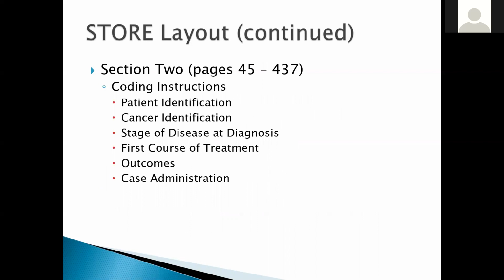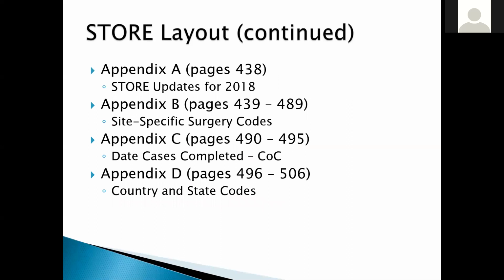The site-specific surgery code data field items, even though this is part of the first course of treatment, are not included in Section 2. Okay, we'll look at Section 2 in more detail in a moment. So the surgery codes have their own section in the store manual.